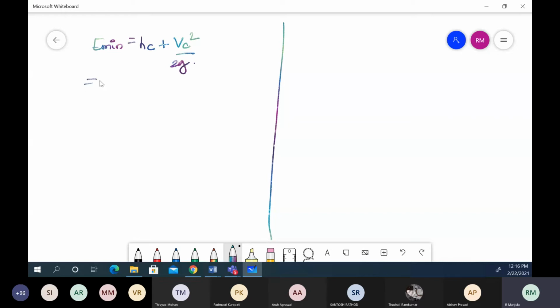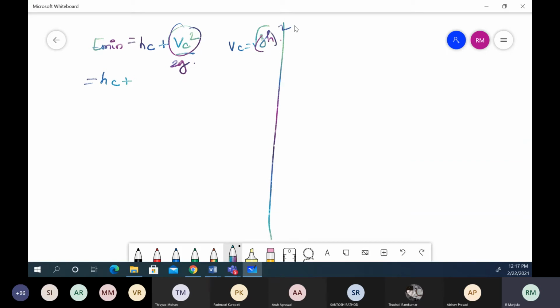And Vc is equal to square root of gHc, so Vc square is going to be g into Hc.